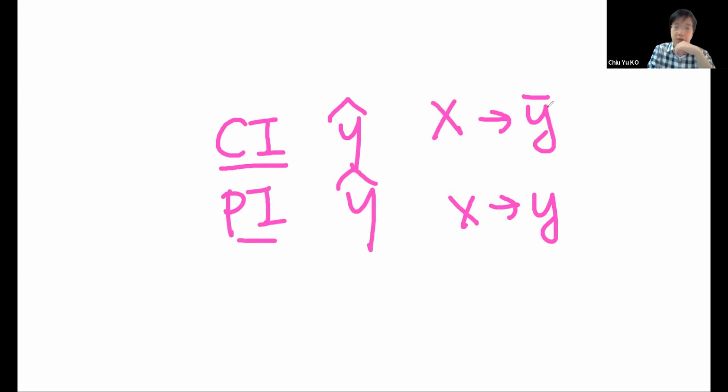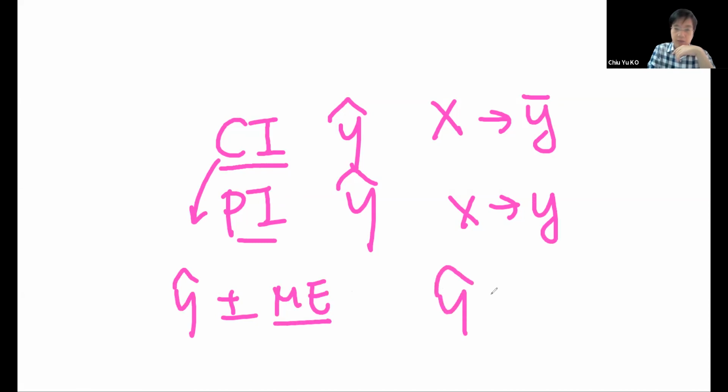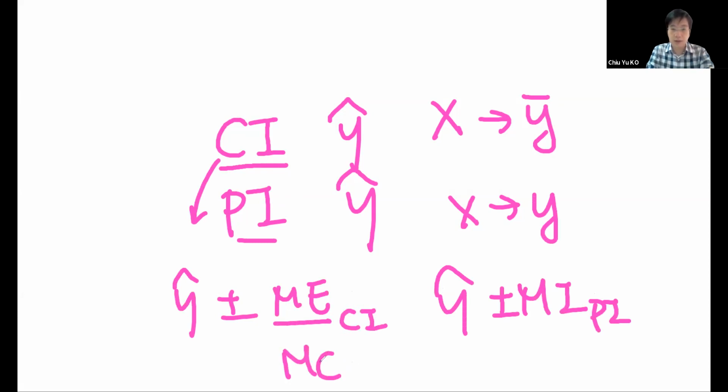If you look at the equation, the plus minus margin of error for the CI is smaller than for the PI. So the PI will be much bigger.